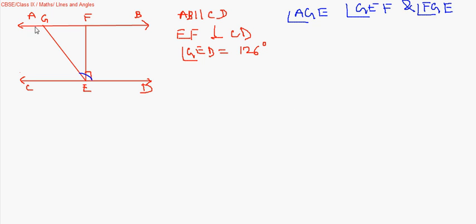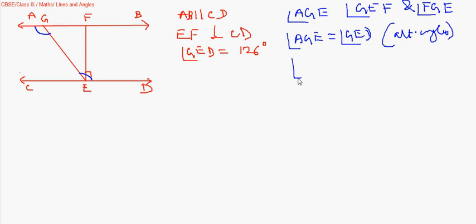AGE is this angle, which is alternate to angle GED. So angle AGE is equal to angle GED because they are alternate angles. So angle AGE will be equal to 126 degrees.